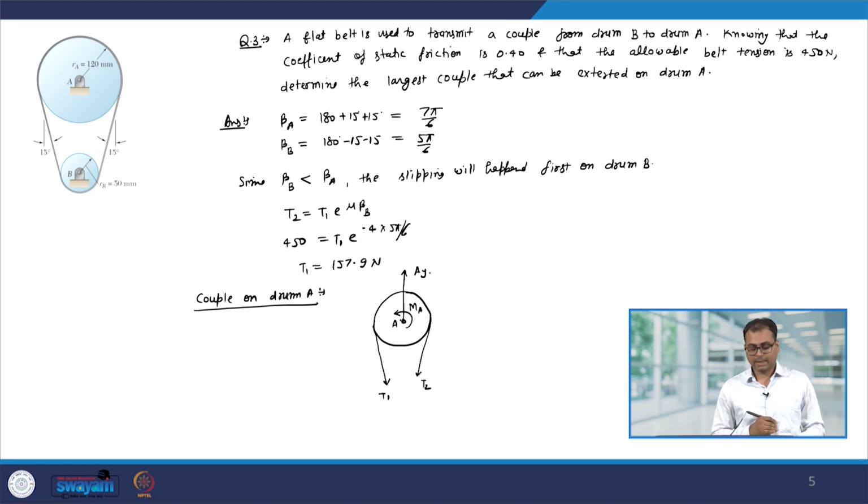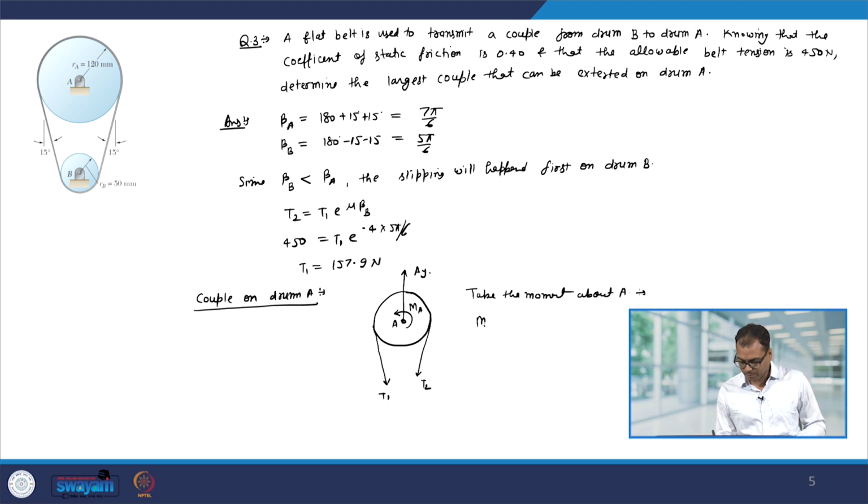This is the free body diagram of the drum, and to find out the value of Ma, we can take the moment about A. Okay. So, let us take the moment about A. In this case, Ay will not contribute.